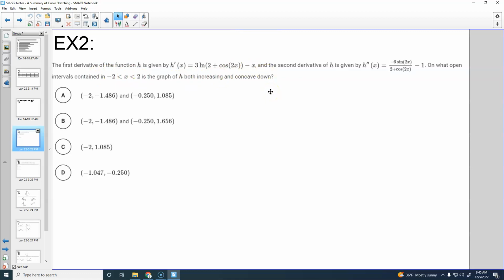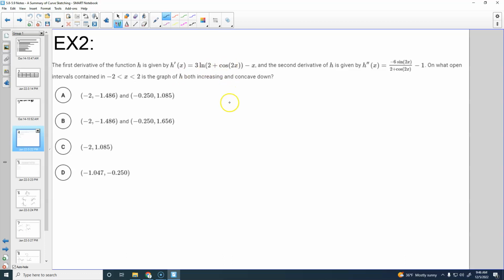Okay, so we're going to use the calculator on this, but I want us to think about what we will be looking for here, because you can do this much more easily if you think about what you need first. You don't have to look at both graphs if you do this.